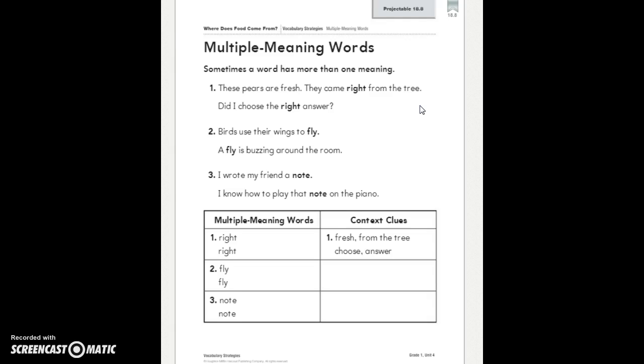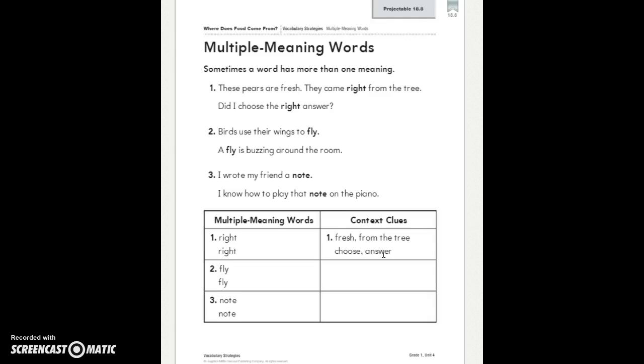You're going to use the context clues or the words around the word right to help you to determine the correct definition. When you come down here, there's a chart with 1, 2, and 3. It has both of the words, they're the same, but we're showing that we're using the context clues and we're going to say which one it is.